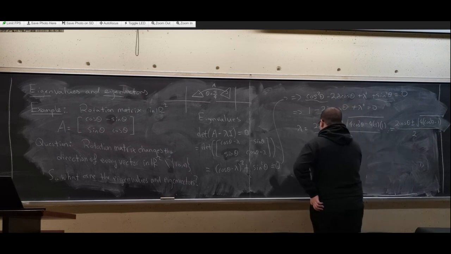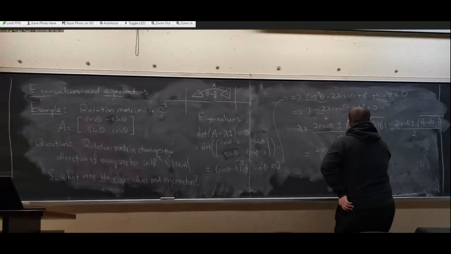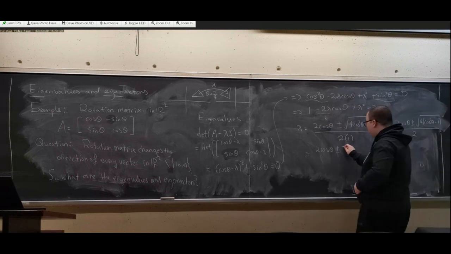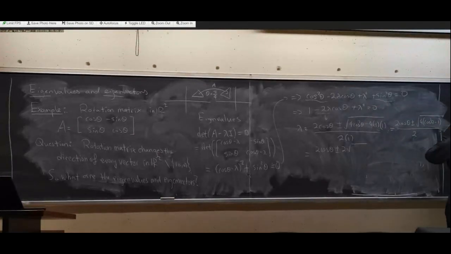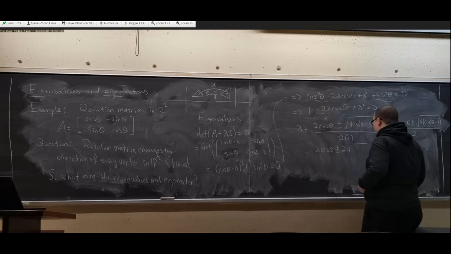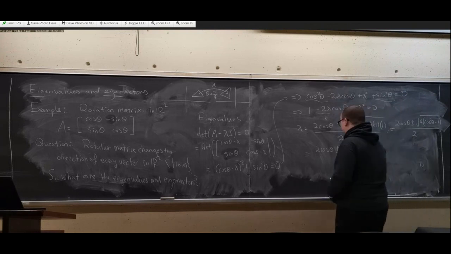So 2 cosine theta plus or minus, well, square root of 4 is just 2, right? Square root of, what is cosine squared theta minus 1? Well, cosine squared theta minus 1 is just minus sine squared theta, right? And the entire thing over 2.